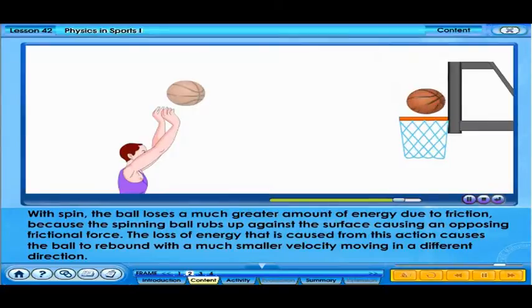The loss of energy caused by this action causes the ball to rebound with a much smaller velocity, moving in a different direction, and, with the help of gravity, at a much lower angle, creating a better chance for the shot to be successful.